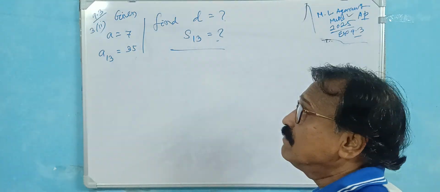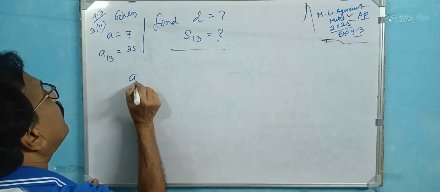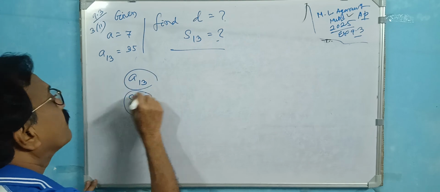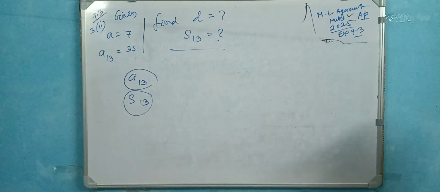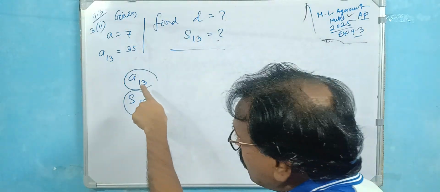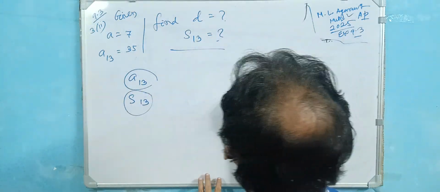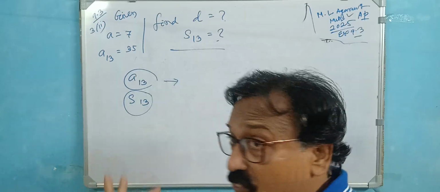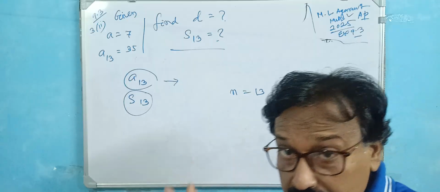One very important thing: what is the difference between a13 and S13? Understand this very carefully. a13 has n, the number of terms, as 13. And a13 means the value of the 13th term.